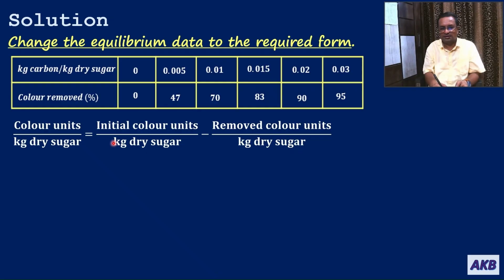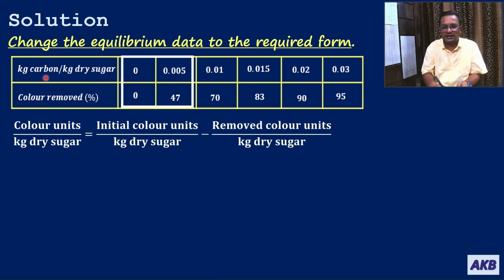So that's why we have this equation. Color units per kg dry sugar is equal to initial color units per kg dry sugar minus removed color units per kg dry sugar in the solution. So if you look at these two readings, you have this 0.005.